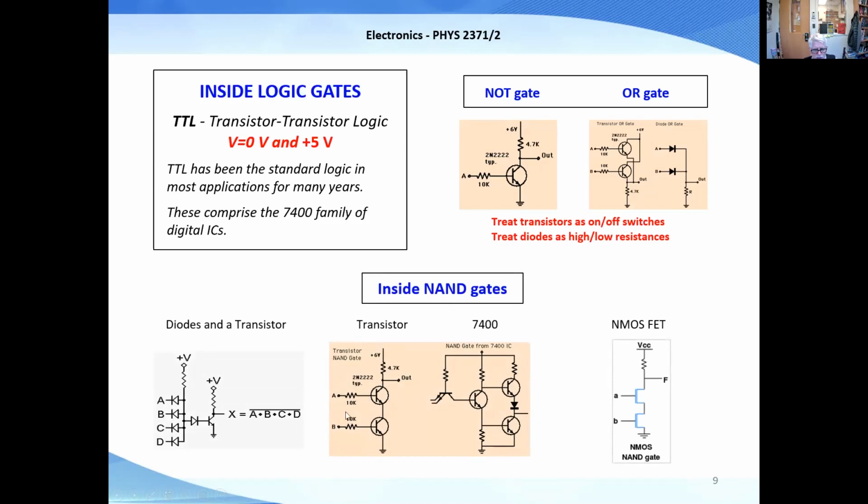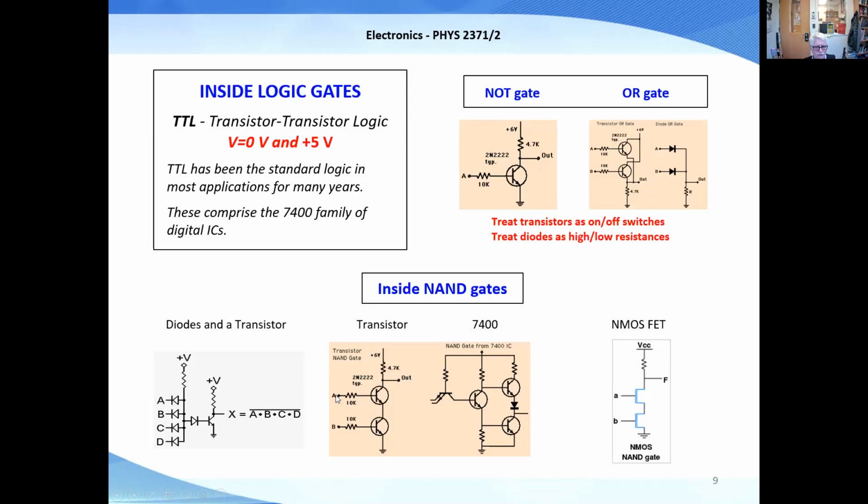Here's inside of a NAND gate. You have 2 transistors, so you have 2 inputs here, and they're in series. So you have to have both of these on for this voltage to go to 0.